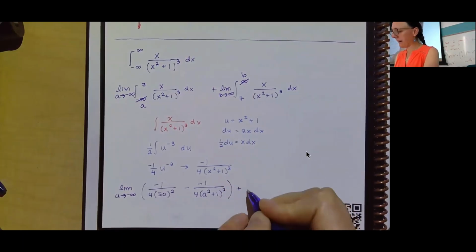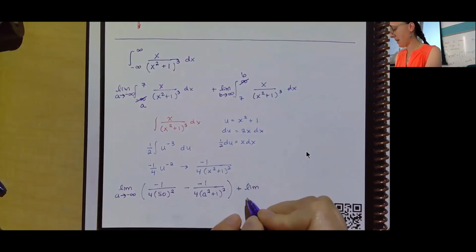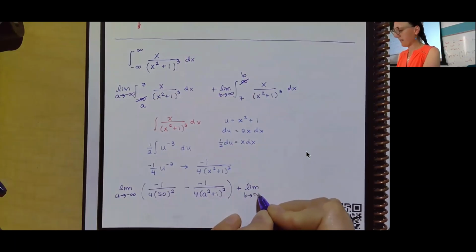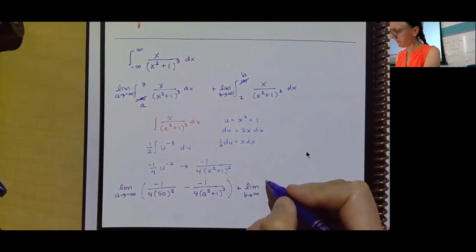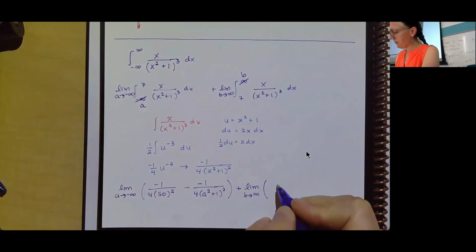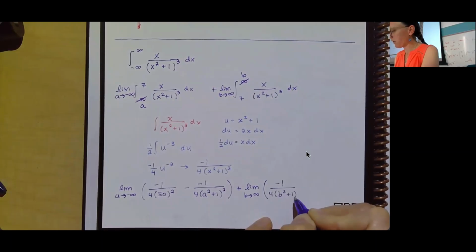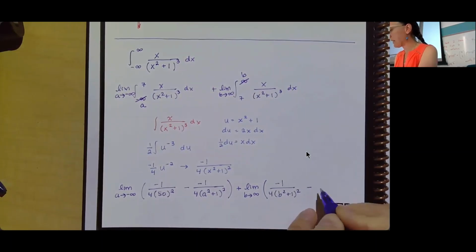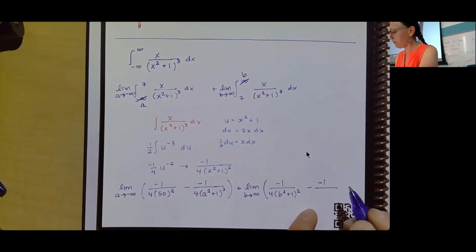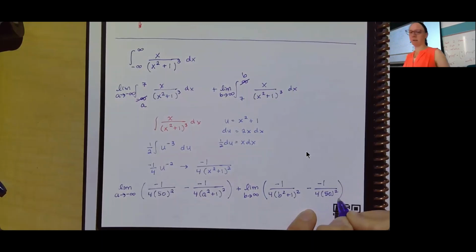And then we're adding that to the limit as B approaches positive infinity of -1 over 4 times B squared plus 1 whole thing squared, minus -1 over 4 times 50 squared.